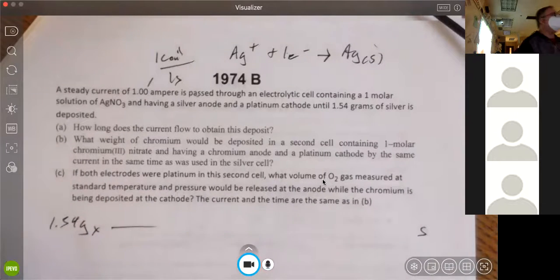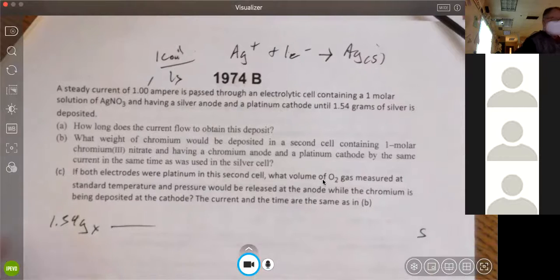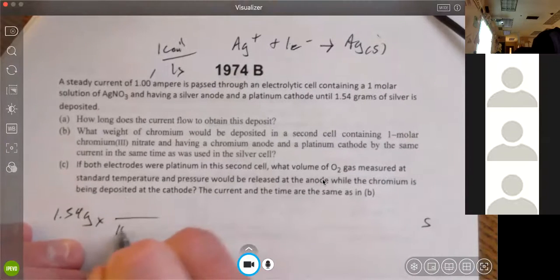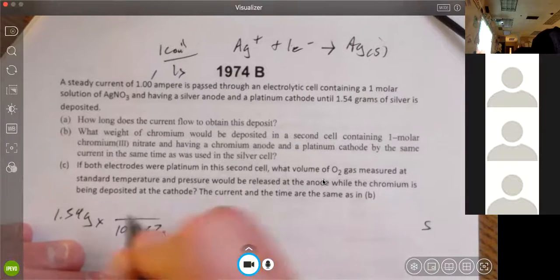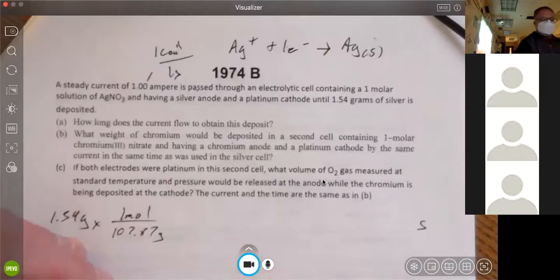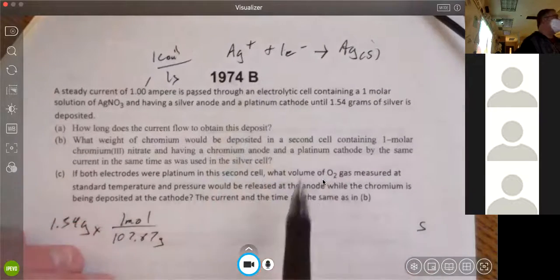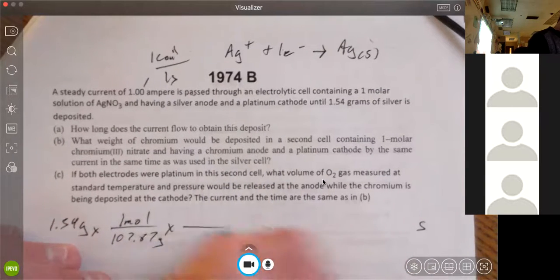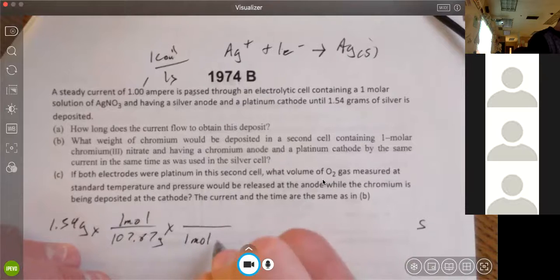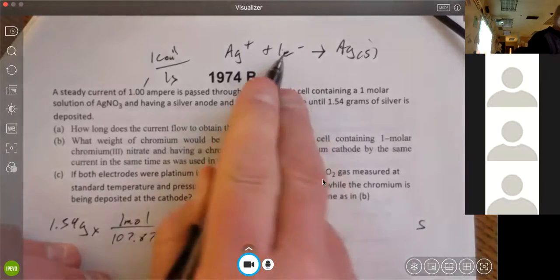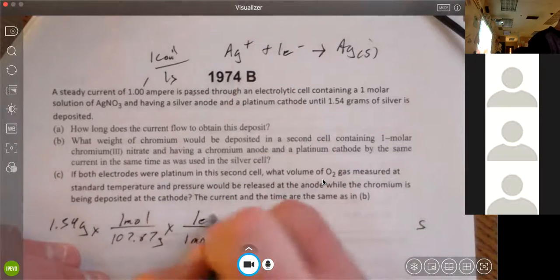Then we need to change from grams to moles, 107.87 is 1 mole. And then using this equation up here, we know that every 1 mole of silver is 1 electron.